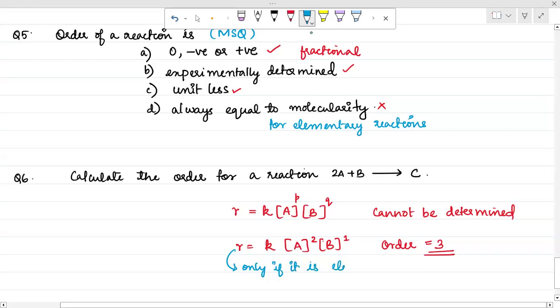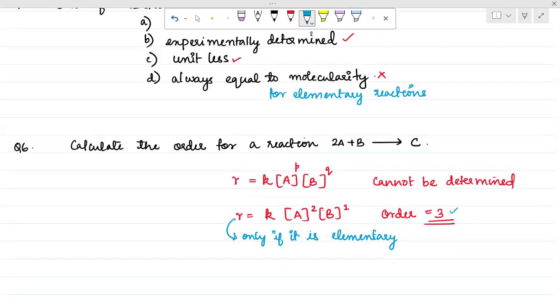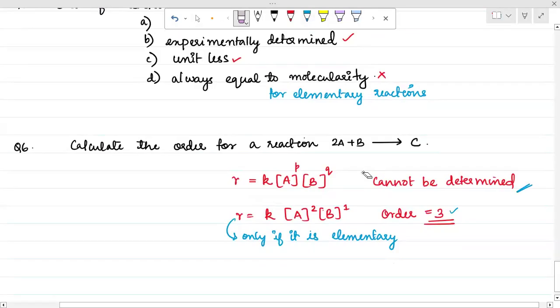I repeat, only if it is elementary. So if in the question they had given, calculate the order of the elementary reaction 2A plus B equal to C, then our order is 3. But in the question, they have not mentioned whether it is elementary. You will not assume that it is elementary and write. The correct answer is cannot be predicted. Be careful with that.